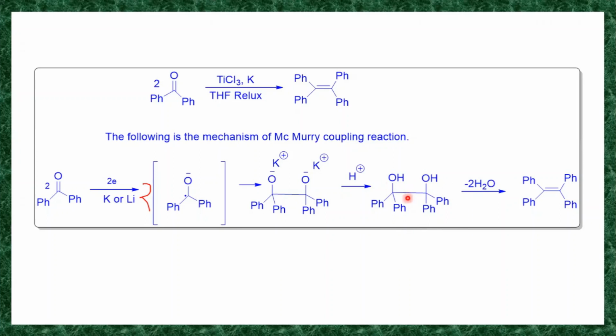Once you get this 1,2 diol, the next step is dehydration reaction, that is loss of two water molecules, one hydrogen from this carbon, one hydrogen from this carbon, and the OH groups, and you will get the final product alkene. Okay, now thank you.